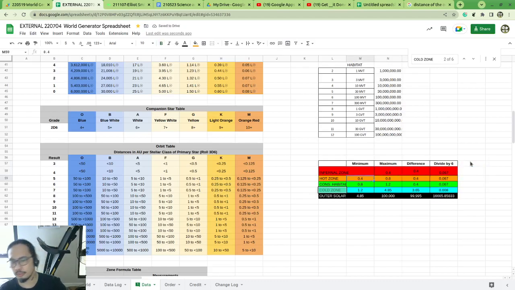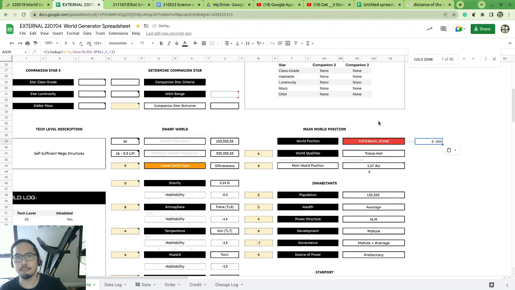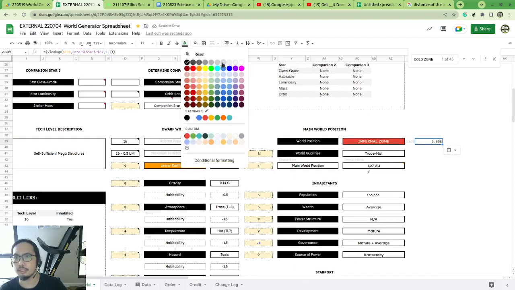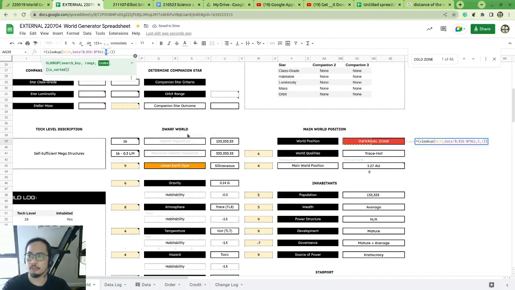So let's have this. Also have the minimum. Let's hide-ish, not so hidden. Instead of 5, let's put 2.